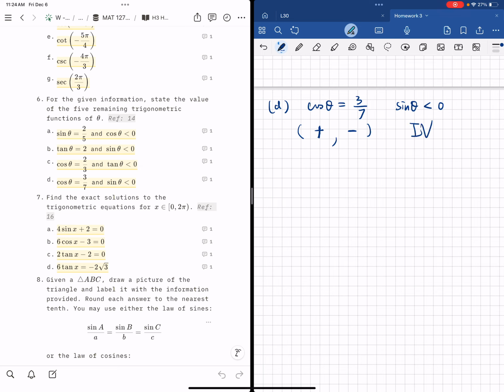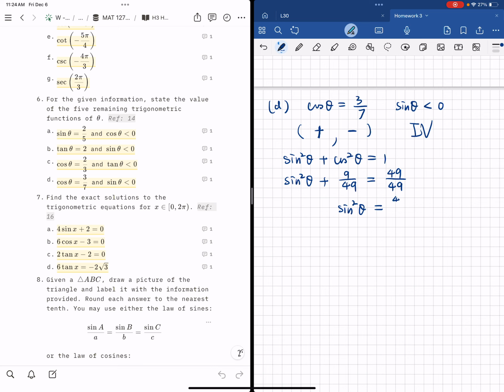And then we're going to use the Pythagorean identity to figure out sine. Plug it in. This will be 9 over 49 equals, so for 1, I'm going to rewrite it as 49 over 49. And then I subtract 9 over 49 on both sides.